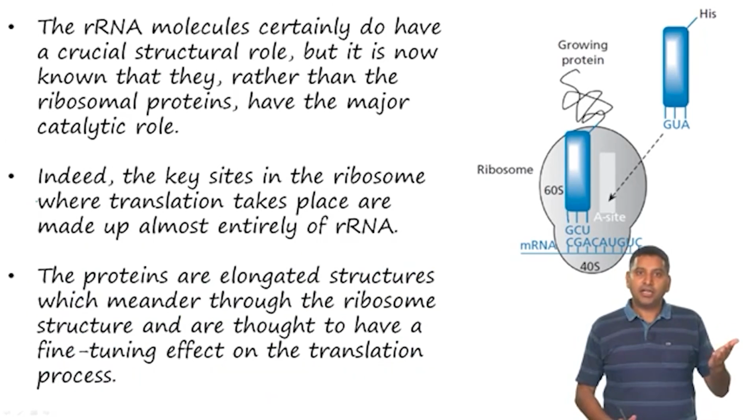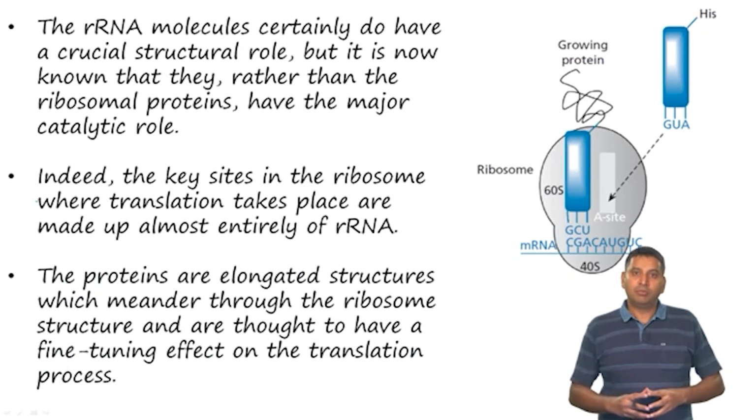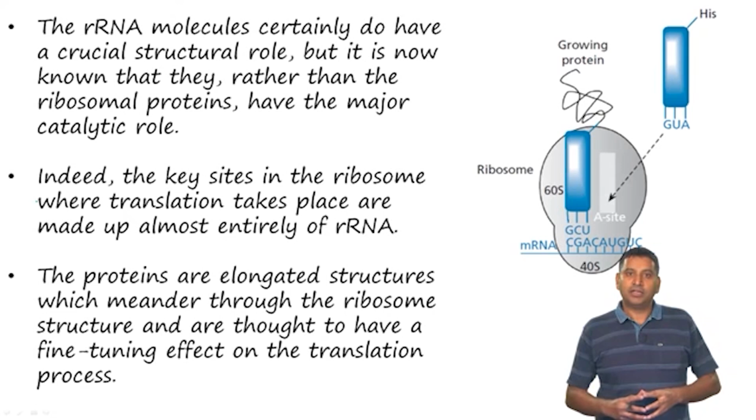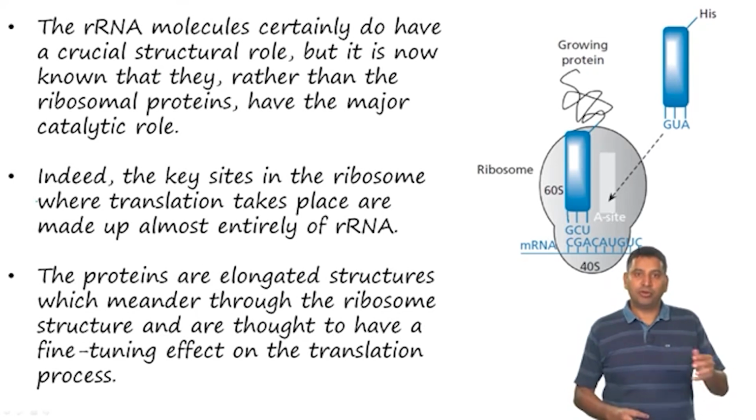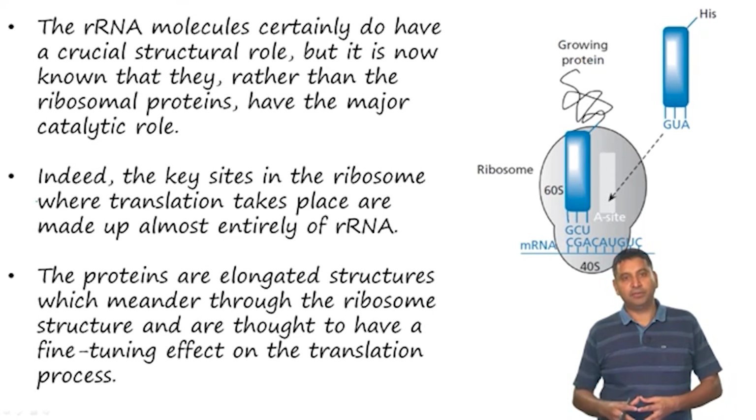The rRNA molecules certainly have a crucial structural role, but it is now known that they, rather than the ribosomal proteins, have the major catalytic role. Indeed, the key sites in the ribosome where translation takes place are made up almost entirely of rRNA.